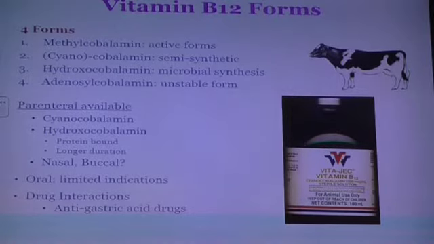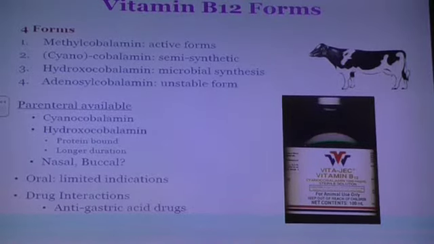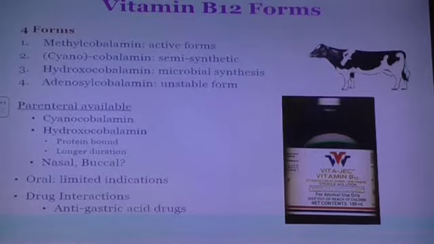First, methylcobalamin is the active form, but it's not commercially available because it degrades very easily. Second is cyanocobalamin, which is semi-synthetic. The third, hydroxycobalamin, is from microbial synthesis. These two, cyanocobalamin and hydroxycobalamin, are available preparations.